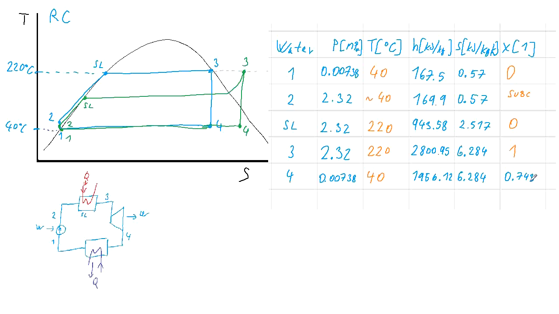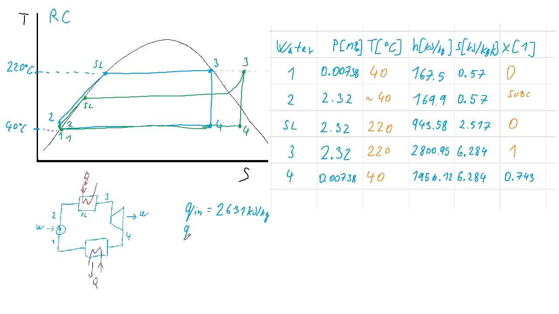Now let's calculate the unit heat input, which is enthalpy at point 3 minus enthalpy at point 2. Which will be 2631 kilojoules per kilogram.